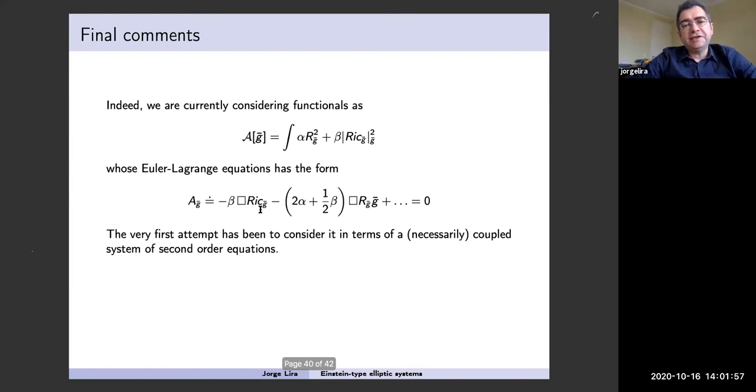You can see here that besides the Ricci tensor, which is the key part of the Einstein field equations, you have the D'Alembertian of the Ricci tensor, a fourth order equation, which is the counterpart, if you can make a parallel with CMC and Willmore surfaces. This is the parallel with Willmore surfaces in the sense that you have the Laplacian of the mean curvature. In that case, you have the D'Alembertian of the Ricci tensor. So this guy here is fourth order.